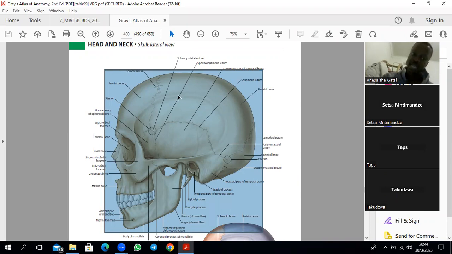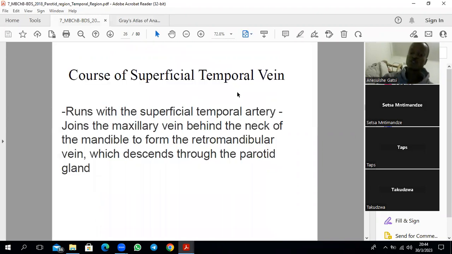So the superior temporal line here serves as the attachment site for temporal fascia, the fascia that I said, when you get to the temporal region, replaces the aponeurotic layer of the scalp, the one that we call the galea aponeurotica. Right. Then the inferior temporal line is the origin for the temporalis muscle, which is one of our muscles of mastication.